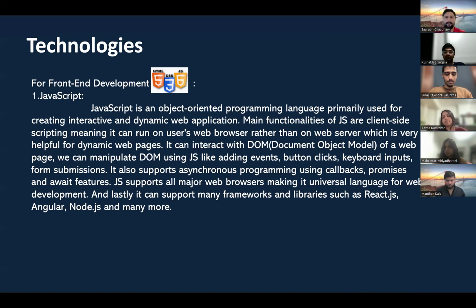Also, it can generate a summary. The main functionality of JavaScript is that it is a client-side scripting language, meaning it can run on users' web browsers. So any user can easily open the web browser and run the application on it.